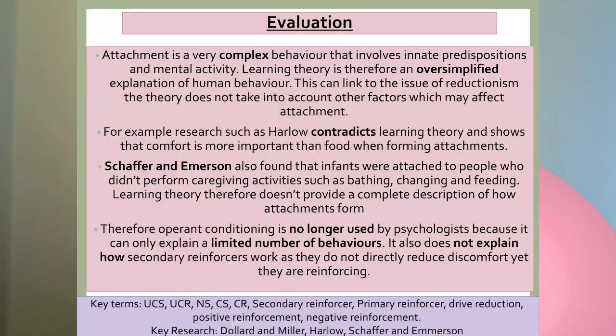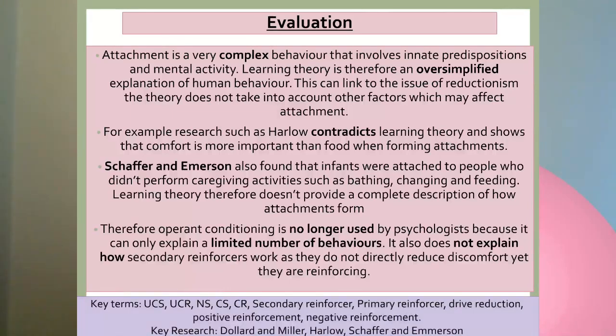And for the monkeys, the comfort, it didn't matter what form it was in, it wasn't necessarily that food was more important. Then Schaffer and Emerson also found that infants had attachments to people who didn't perform caregiving activities. So people who didn't feed them, they actually had attachments to them. So this doesn't explain why we would form attachments to individuals who aren't our main source of food or caregiving activities.